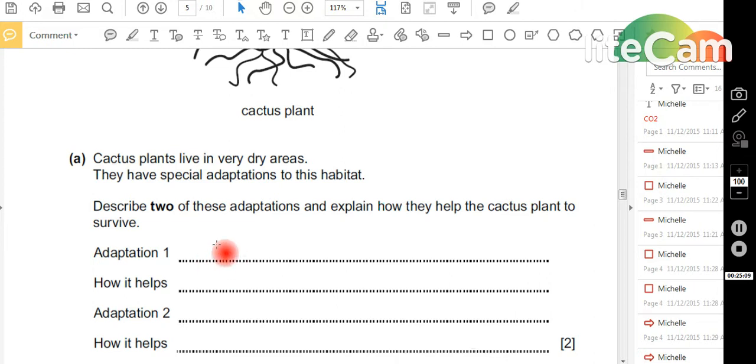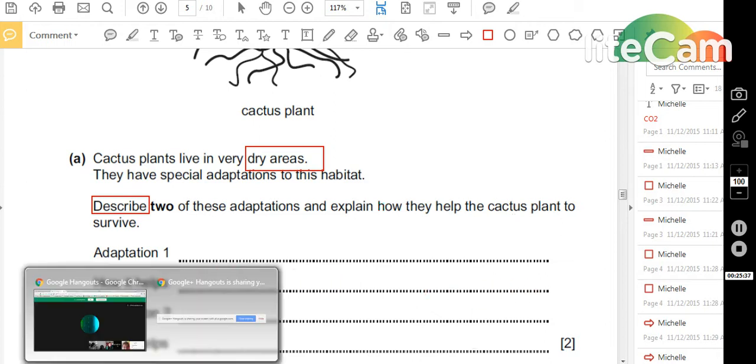So you need to mention two adaptations. Remember we're talking about the cactus plant living in very dry areas, okay? The adaptations have to do with this dryness and they want you to describe two of these adaptations. So first you're going to list the adaptation and then how it helps this cactus plant to survive this condition.